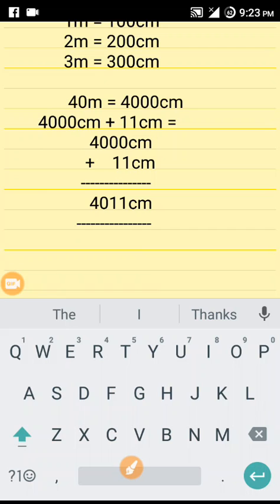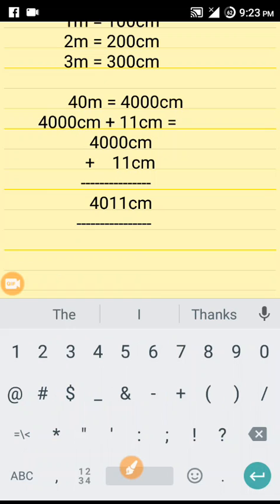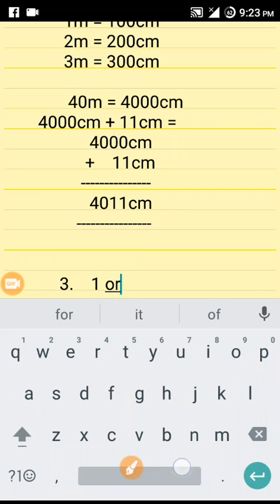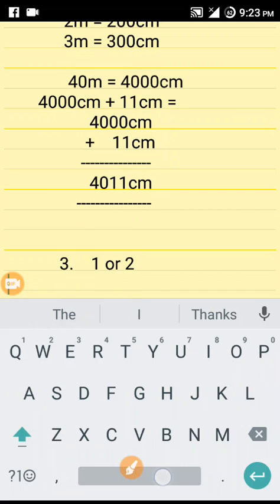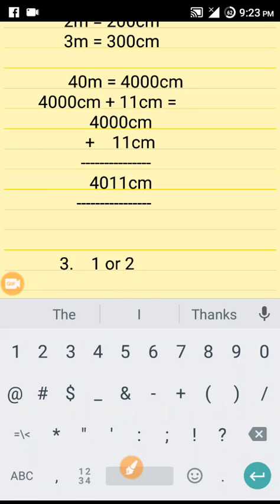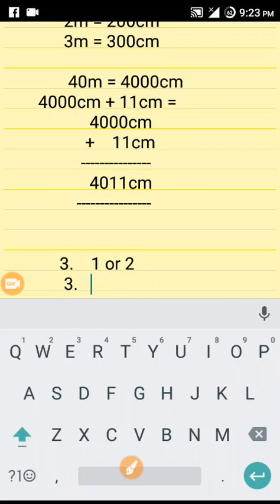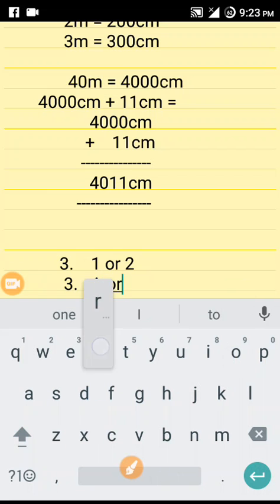But the answers provided there are number 1, number 2, number 3, but it's not A or B. So I would advise you that you write it like this, that the answer to 3 is the number 1 or number 2. Or you can say that C on 3 is A or B. Good.